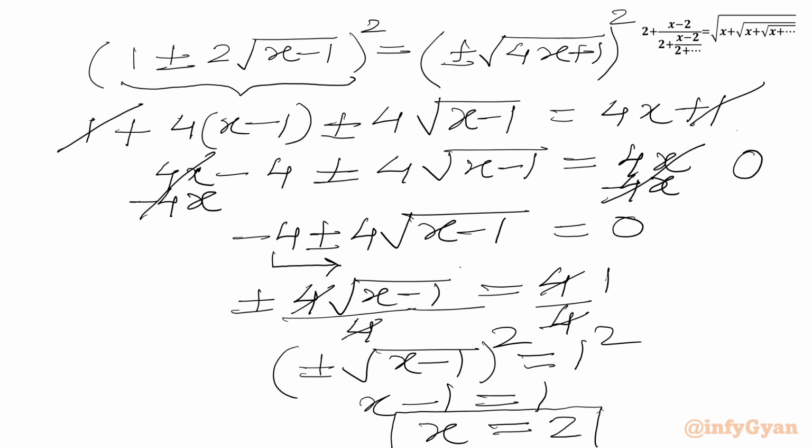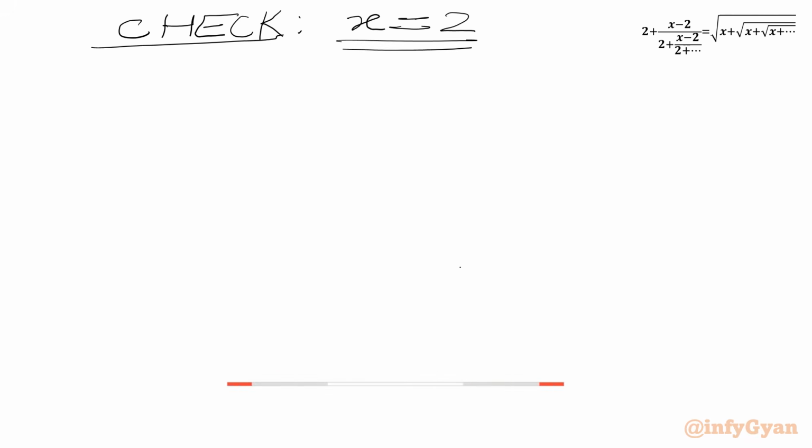Now we are going to verify our result. So I will write here check x equal to 2. So we have to write our LHS first. In LHS, we will write here x equal to 2. Here we have LHS.